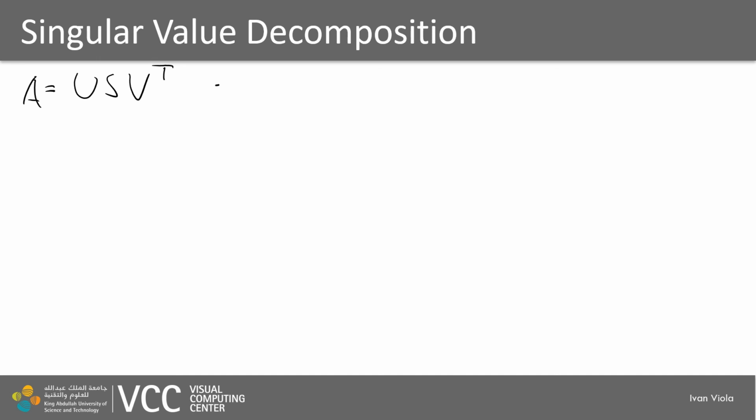and out of this our V is equal to S inverse U transpose, which is inverse, and A, and the whole thing transposed. So now we can calculate.